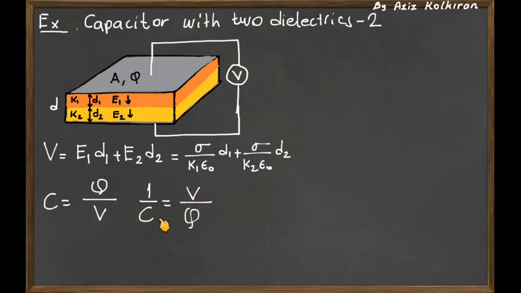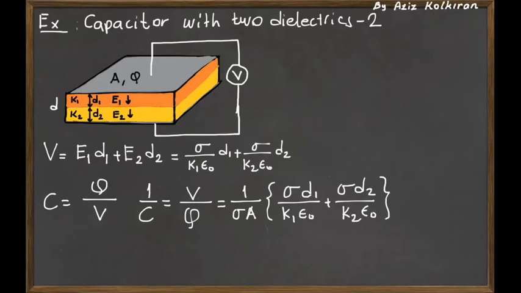And of course 1 over C will be V divided by the total charge of one of the plates, and let's express this explicitly. The total charge is just the surface charge density times the area of the plates, and this will be multiplied by the expression that we have previously written down.